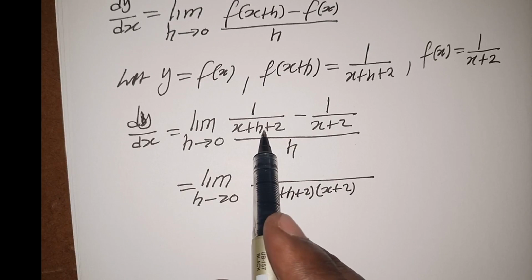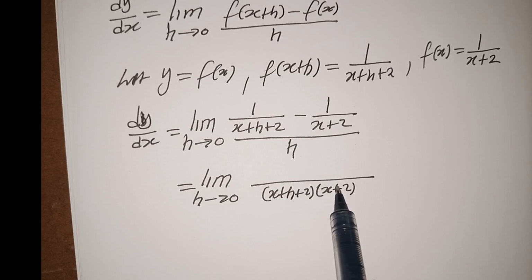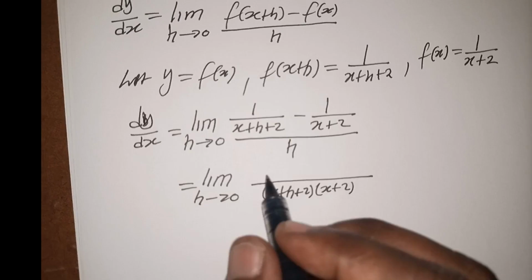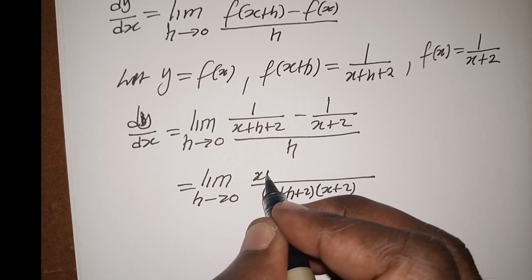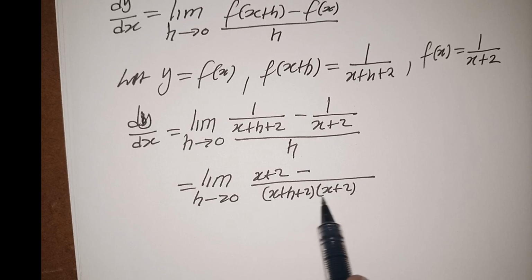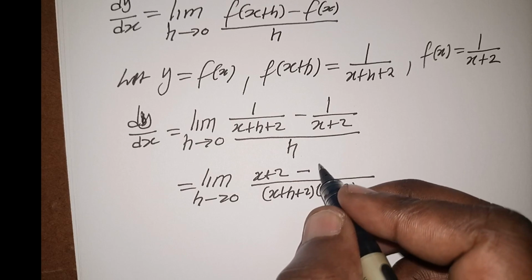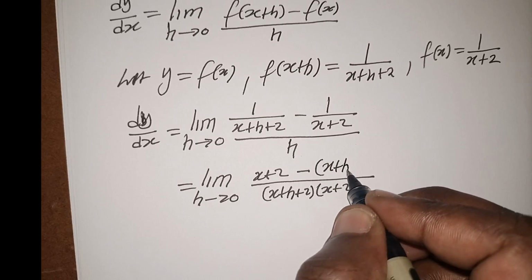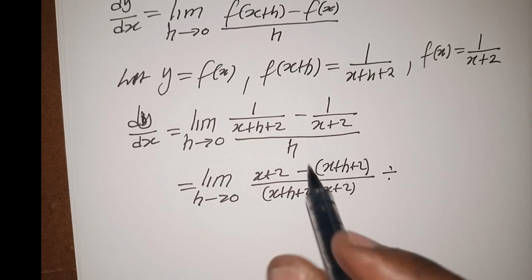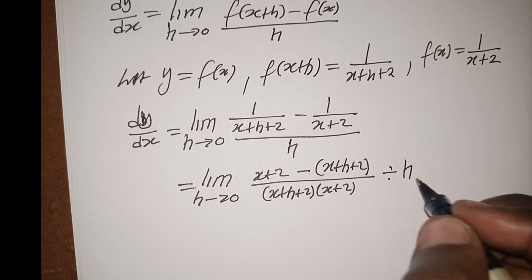When x plus h plus 2 goes into this product, you remain with x plus 2. Then x plus 2 times the 1 there gives x plus 2. Minus, when x plus 2 goes into this product, you remain with x plus h plus 2. Then everything is divided by h.